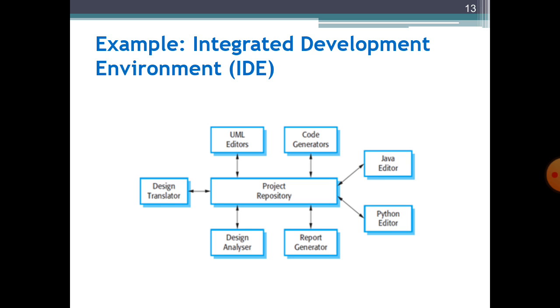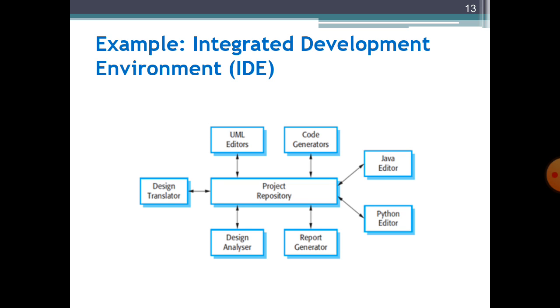So the most important point about this example of repository architecture is that data generated by any one component is actually used by another component, and all of these are the components like design pattern analyzer, report generator, code generator, UML editors, and Python and Java editors. All of these are different components which are provided by any interactive development environment.